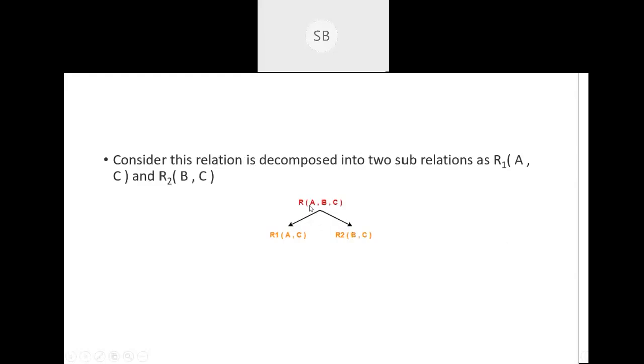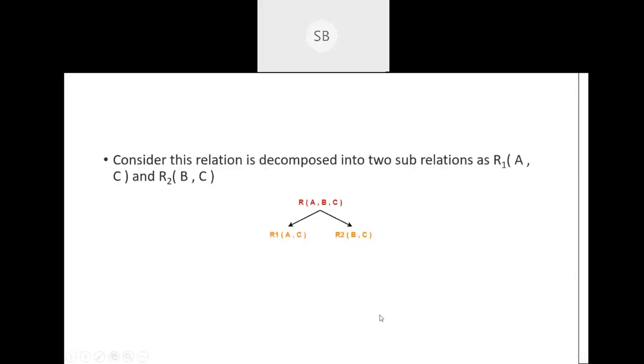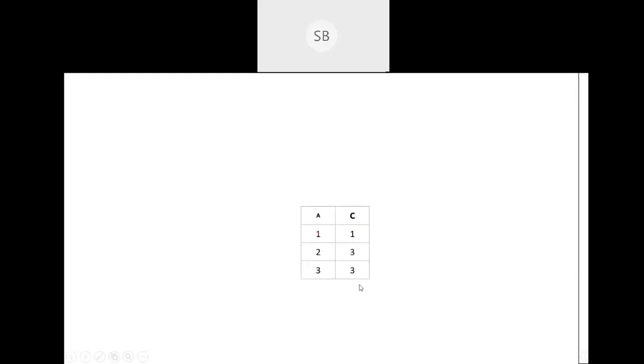Last time we decomposed into A, B and B, C. But here we are decomposing into A, C and B, C. If you write the values, you will get something like this: 1, 1, 2, 3, 3, 3 and 2, 1, 5, 3, 3, 3. So these are the two tables we have. This is AC and BC.